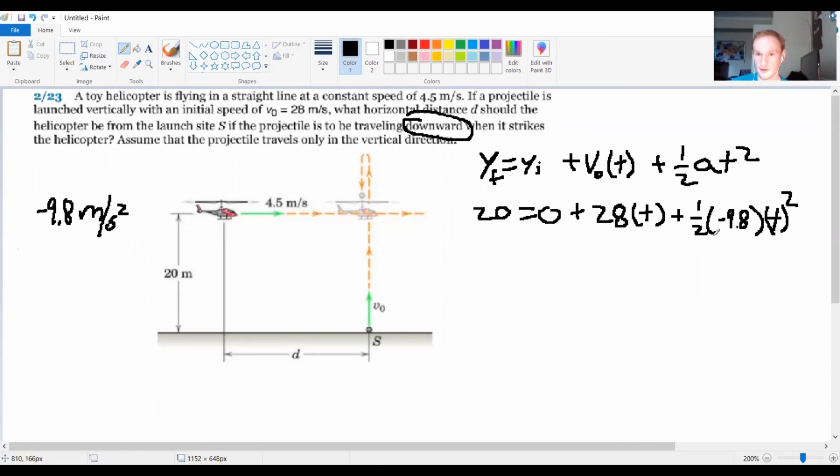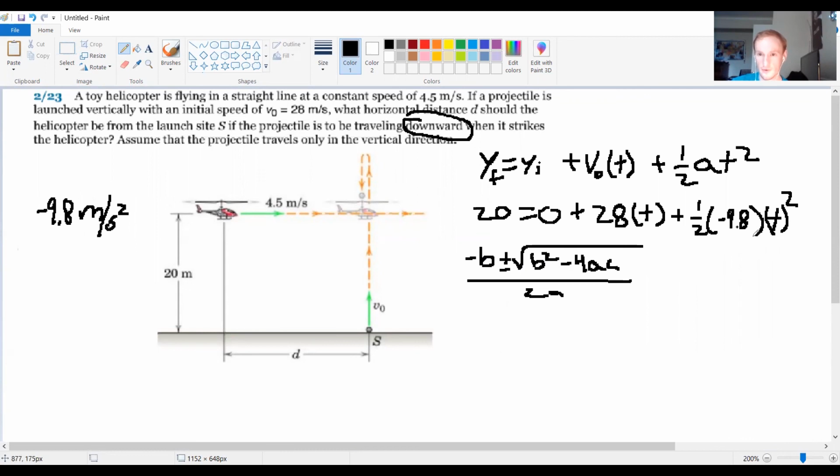And you're probably going to remember this right now, but we have the quadratic formula, which is negative b plus minus the square root of b squared minus 4ac over 2a. So we're going to have to rearrange this in order to get the a's and b's and the c's all in the right spot.